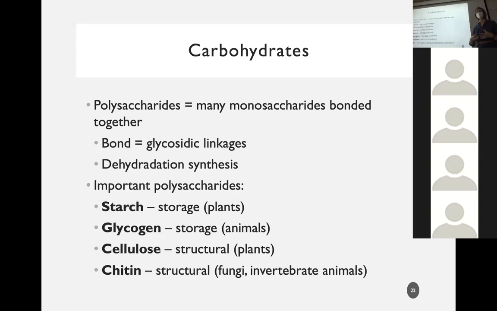So if you eat a potato, that's a lot of starch, and it's basically all of this energy that's stored by that potato plant as carbohydrates. So that's starch. Glycogen is how we and other animals store carbohydrates. So we don't have a potato in us, but we have glycogen, which is how we take the carbohydrates and store them for energy to be used later.